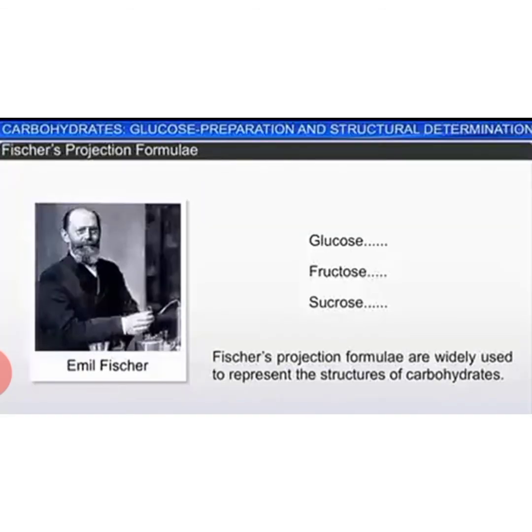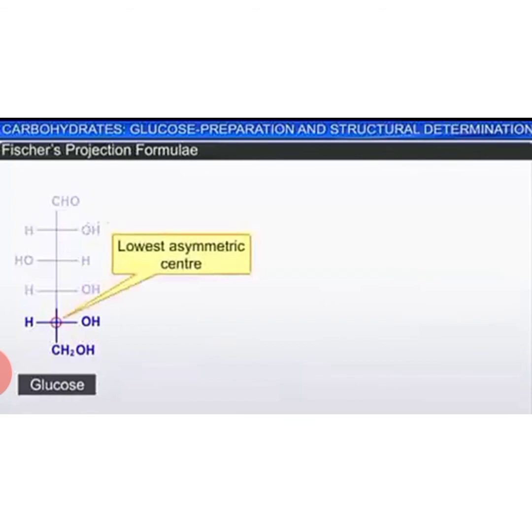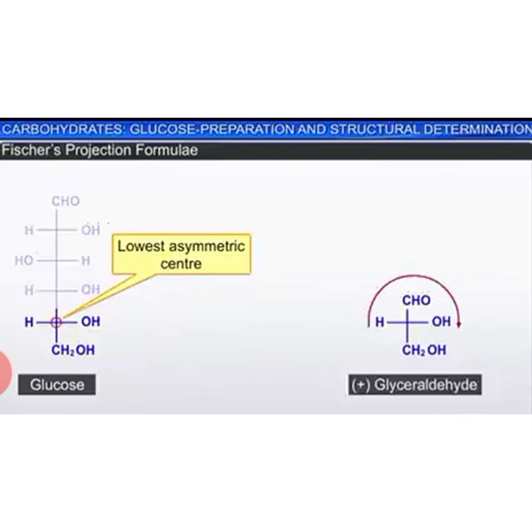Fischer's projection formulae are widely used to represent the structures of carbohydrates. To assign the configuration of a carbohydrate containing more than 1 chiral center, the lowest asymmetric carbon of the carbohydrate is compared to the configuration of an arbitrarily chosen standard, that is, dextrorotatory glyceraldehyde.